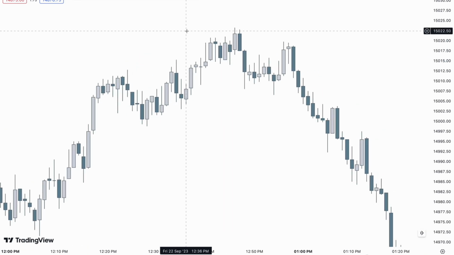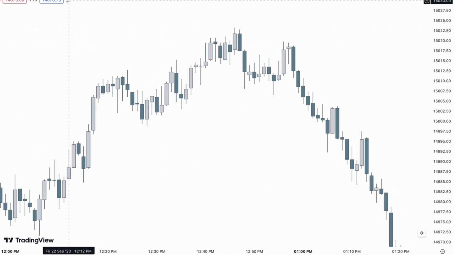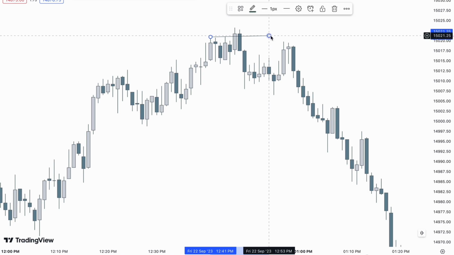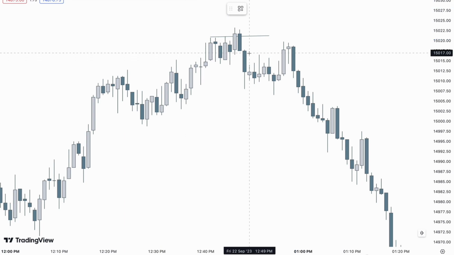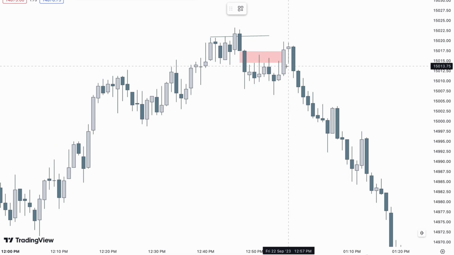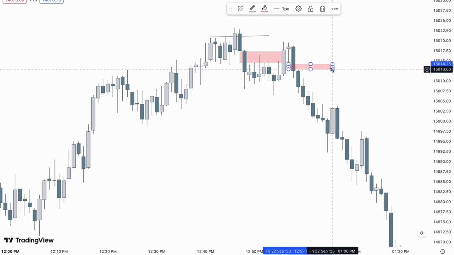You can see that here the Nasdaq made a high, and it took this previous high. Then the market came down and created these fair value gaps. Again the market came down and created a fair value gap.